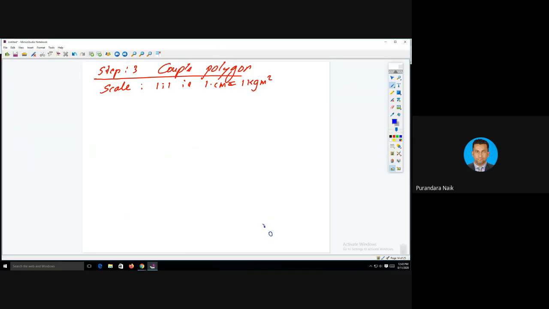From point O, you need to mark a line, but in the negative direction because it is minus 1.6. Plus 1.6 we could have drawn like this, but it is not plus, it is minus. So negative, minus 1.6 centimeter.